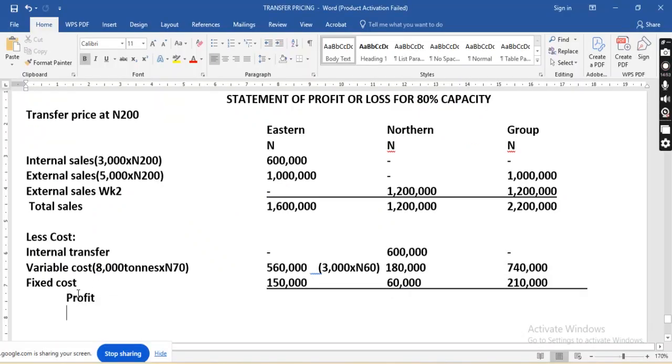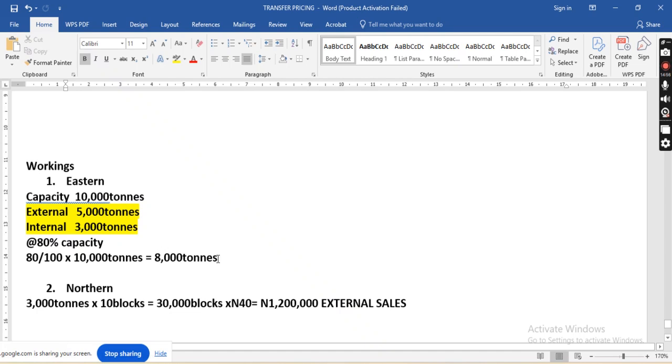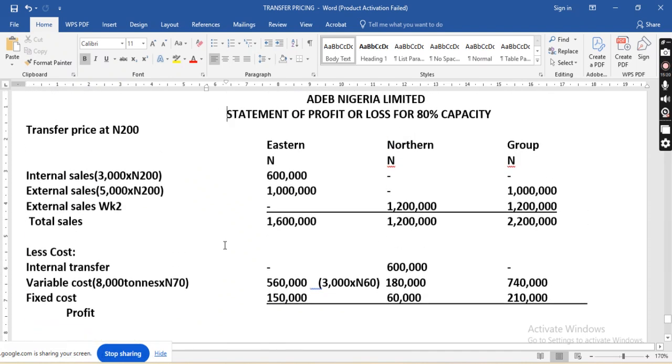This is the material they will use to produce blocks. Normally they have the capacity to produce 10,000, but the question says 80% capacity. I get it now. I was expecting 10,000 tons, but since we're using 80% capacity, that would be 8,000 tons. Thank you. Yeah, that's fine.